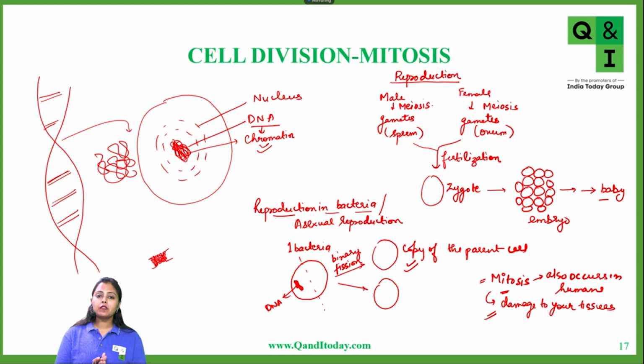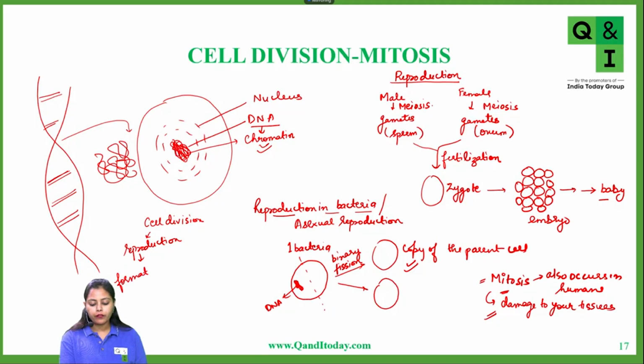If someone asks you what exactly is the role of cell division, or why cell division occurs in any organism, cell division can be a part of reproduction. During reproduction, cell division will lead to formation of gametes. The type of cell division which occurs during the formation of gametes is called meiosis.